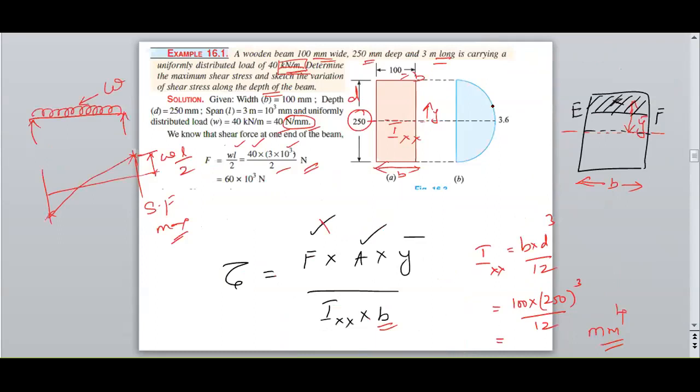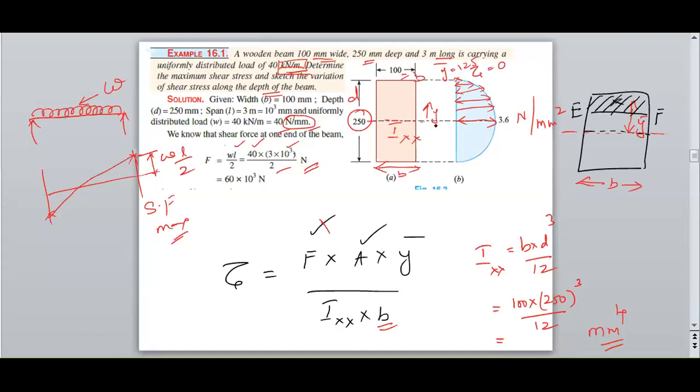Therefore, I will get the shear stress at the neutral axis as 3.6, which is the maximum value, and it will decrease while y is increasing. At last, when y is equal to 125, the shear stress is equal to 0.